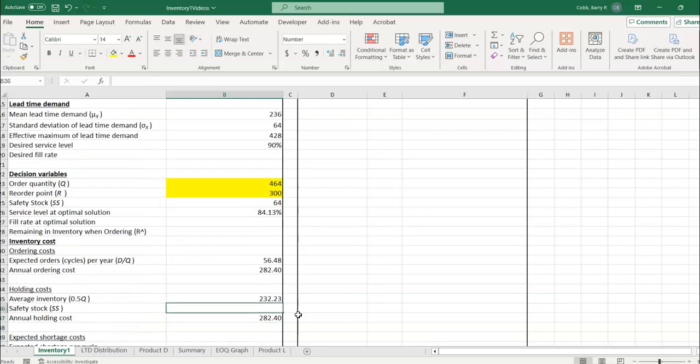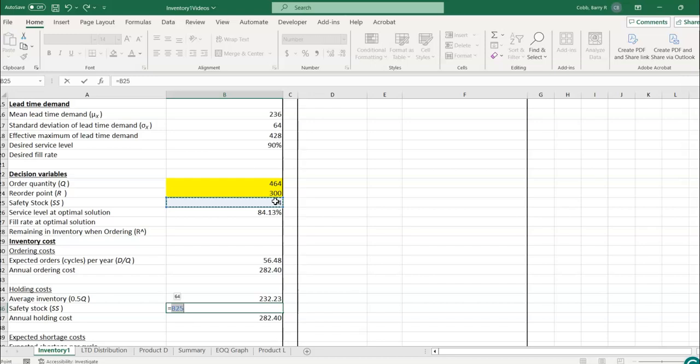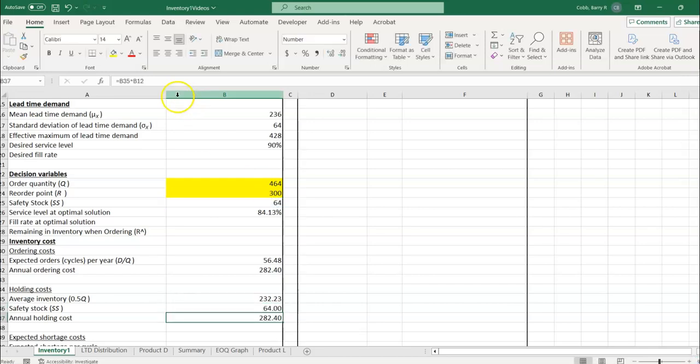We make one other adjustment to our model, and that is we'll go ahead and reference here in the holding cost the safety stock, because holding this extra inventory as safety stock is going to entail more holding cost. And so that means that we would need to adjust our formula for the holding cost to include not only the average inventory, but also the safety stock.